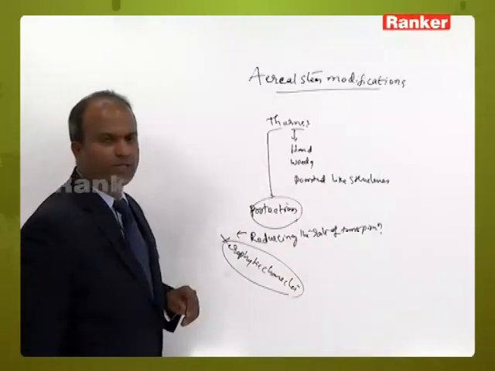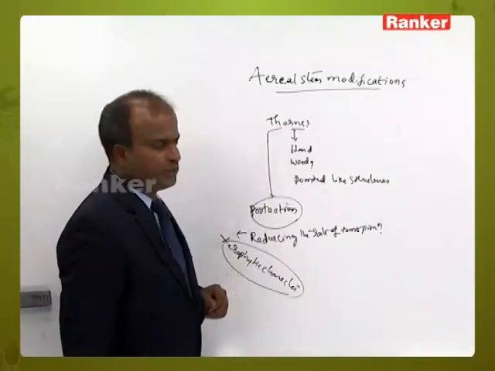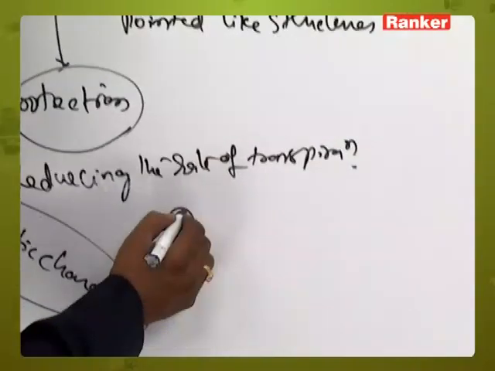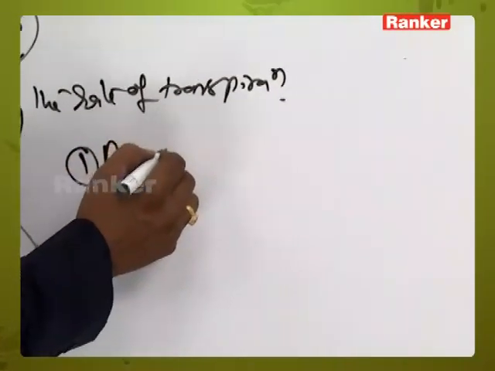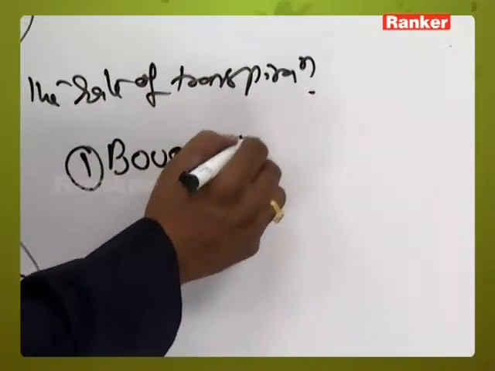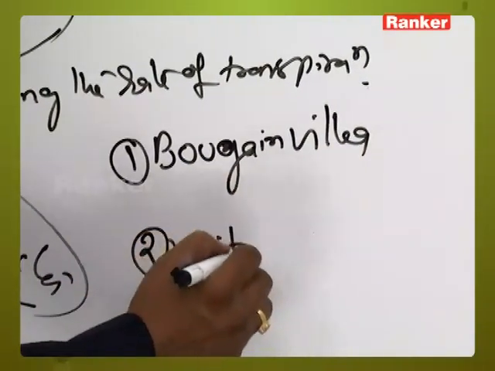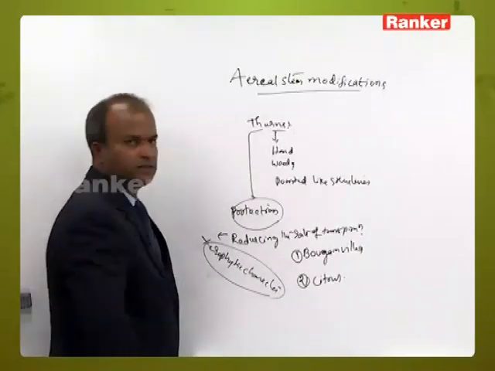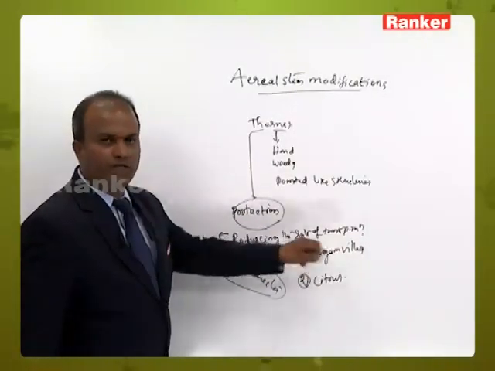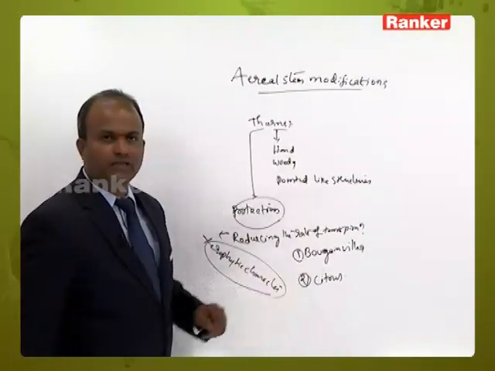How many examples are given for thorns? Two examples are given. One is bougainvillea, and the other is citrus.